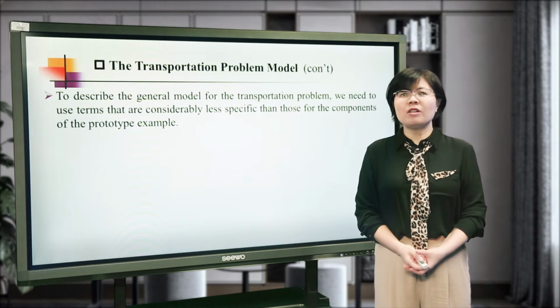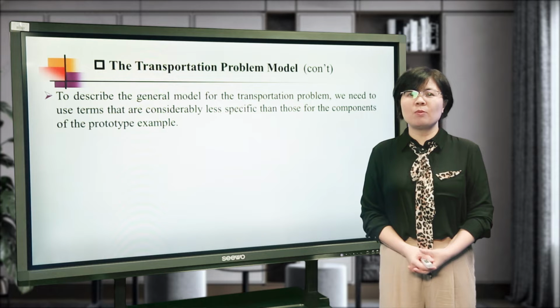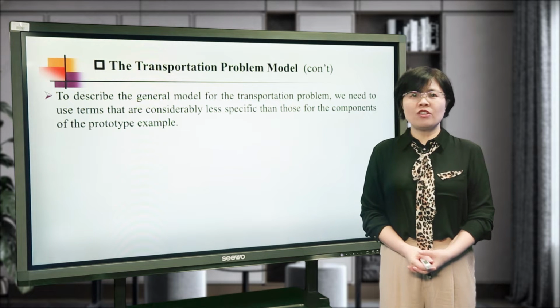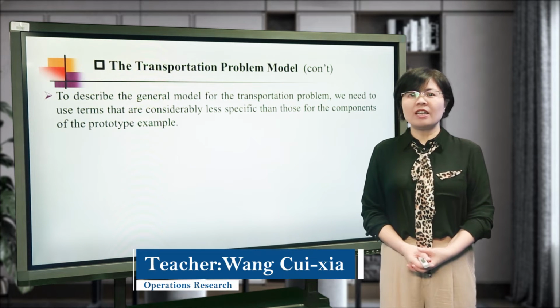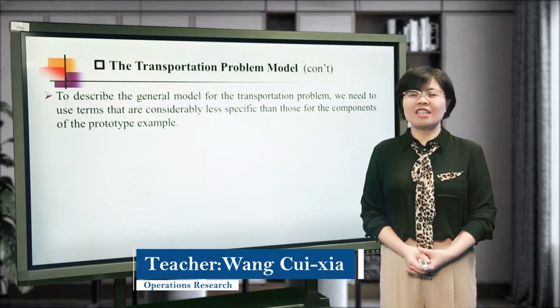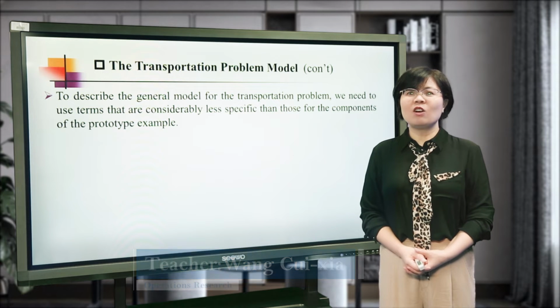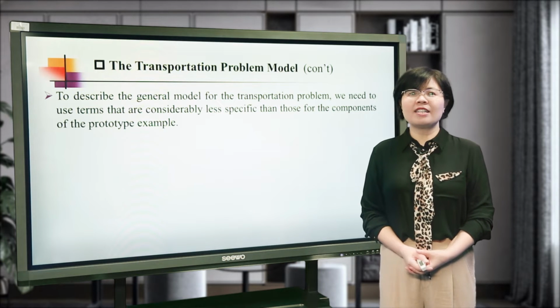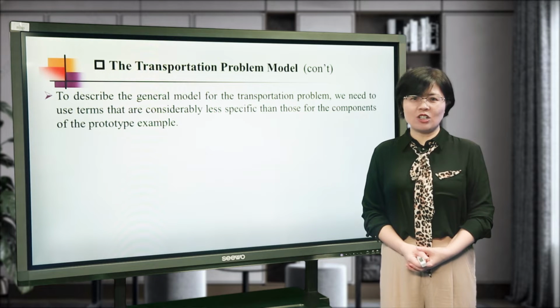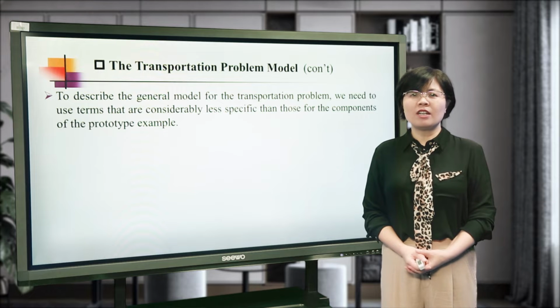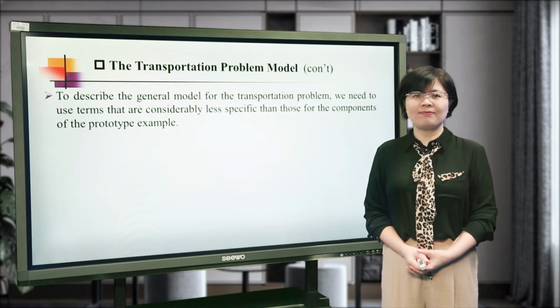However, to describe the general model of the transportation problem, we need to use terms that are considerably less specific than those for the components of the prototype example. So, in today's lecture, I want to develop a formal formulation for the transportation problem.